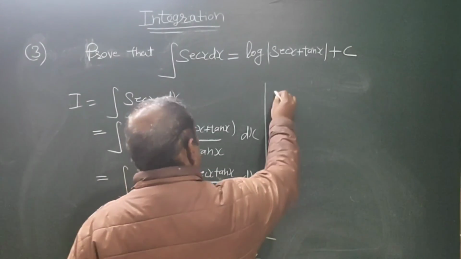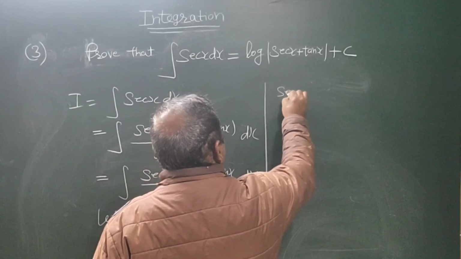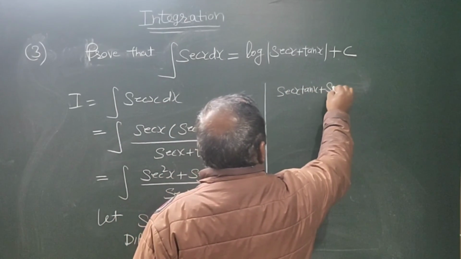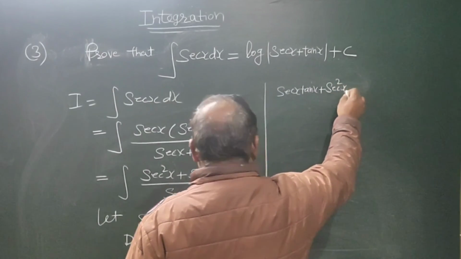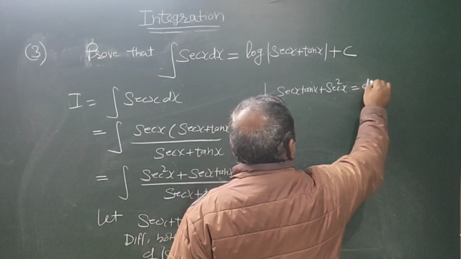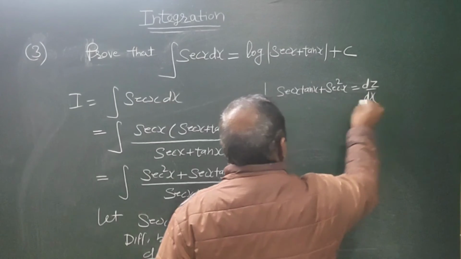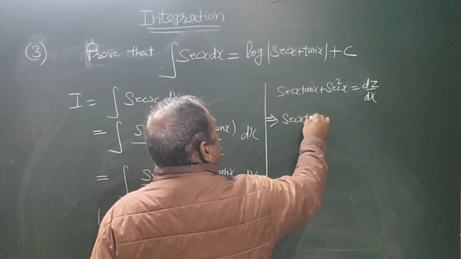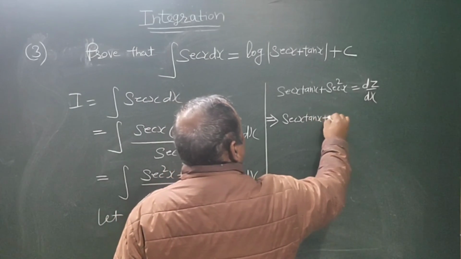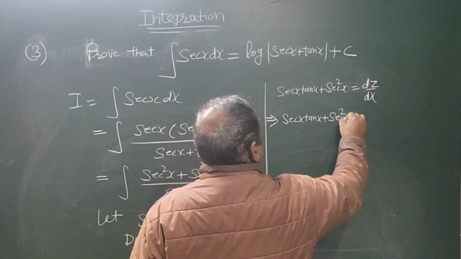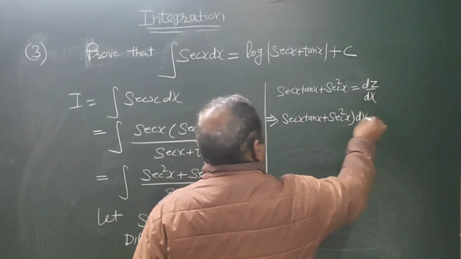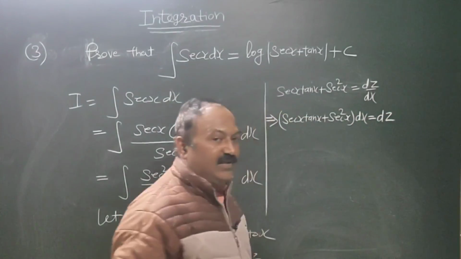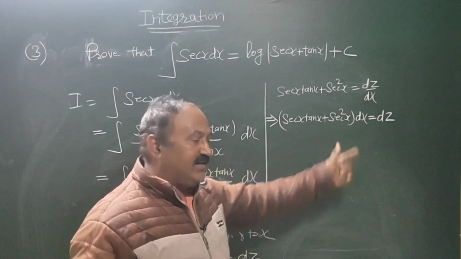Hence we get secant x into tan x plus secant square x is equal to dz upon dx. Therefore, secant x into tan x plus secant square x into dx will be equal to dz.